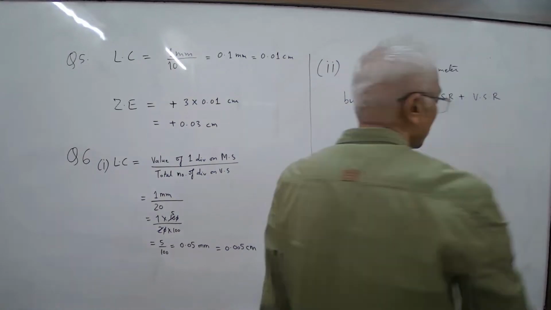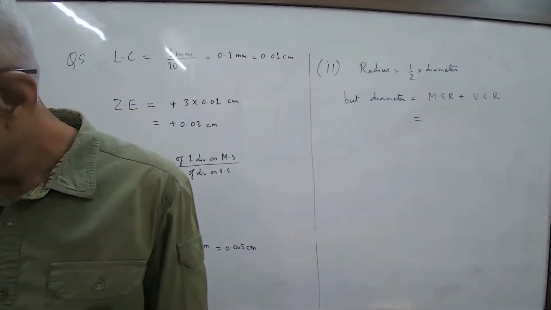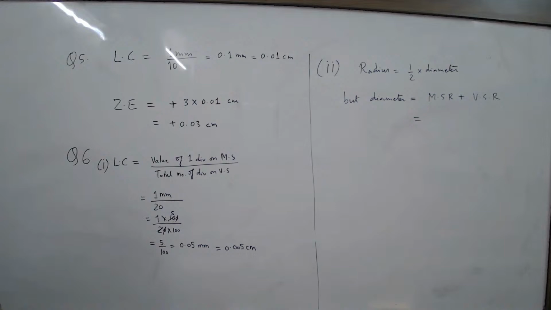What is main scale reading? 35 divisions, and each division is a millimeter. That means it is 3.5 centimeter. This is 35 millimeter. So it is 3.5 centimeter, correct?